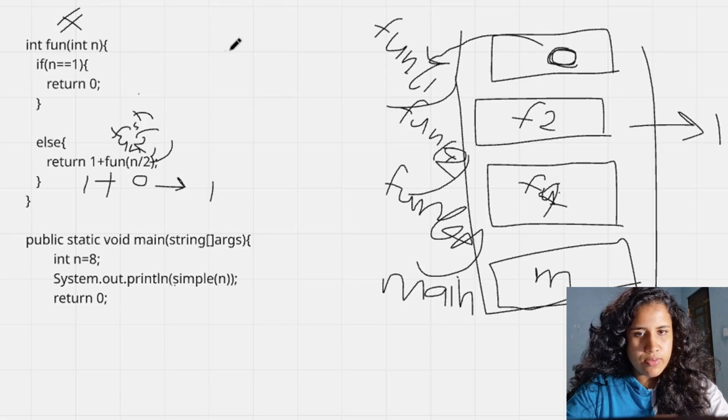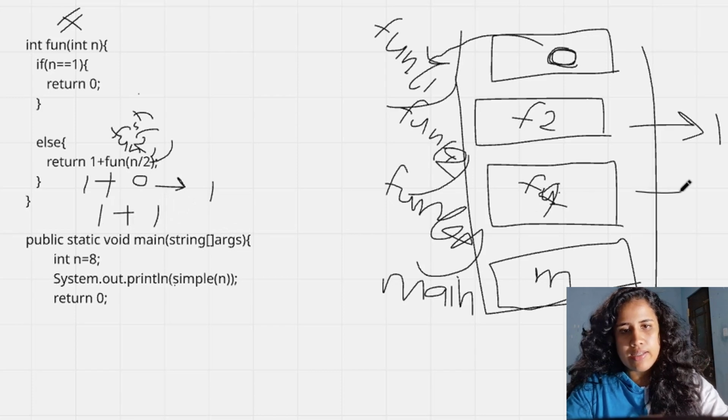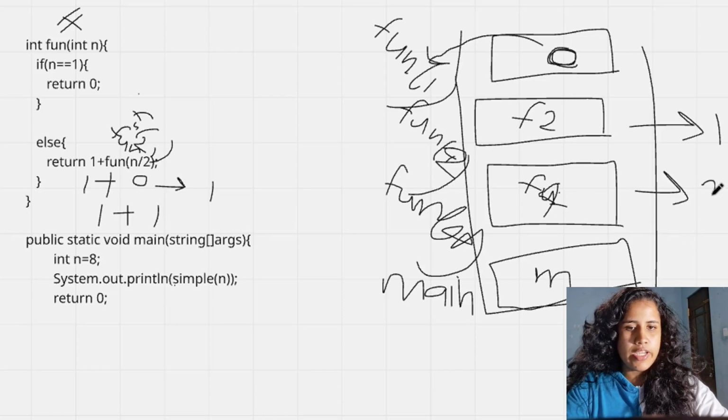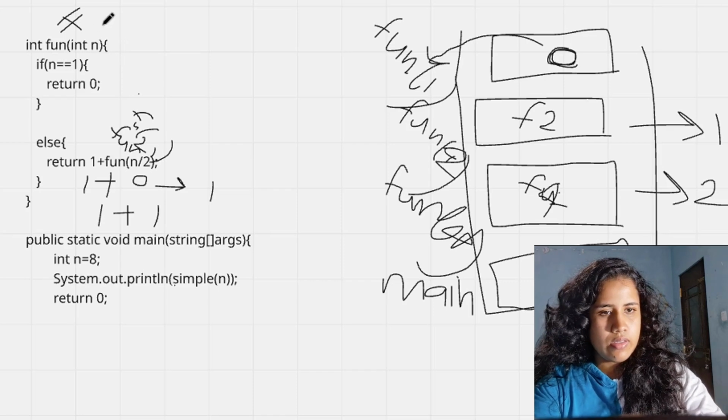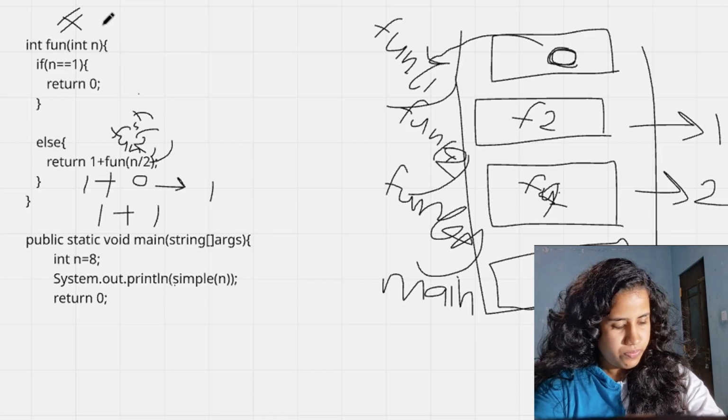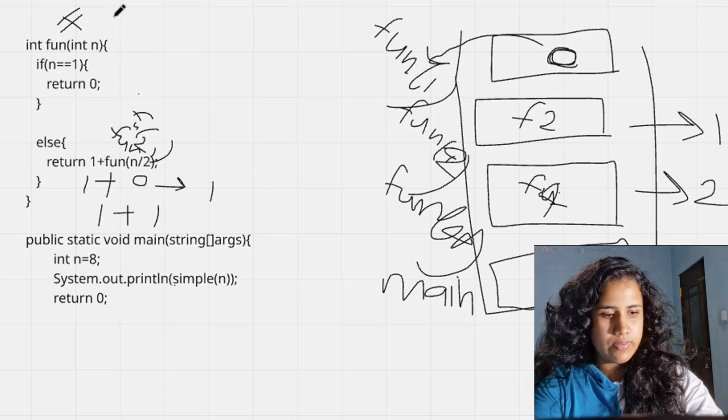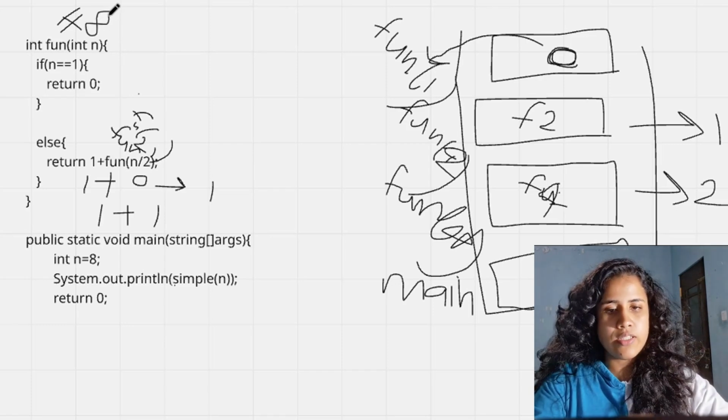So when fun 8 is called, it should give us the output as 3.